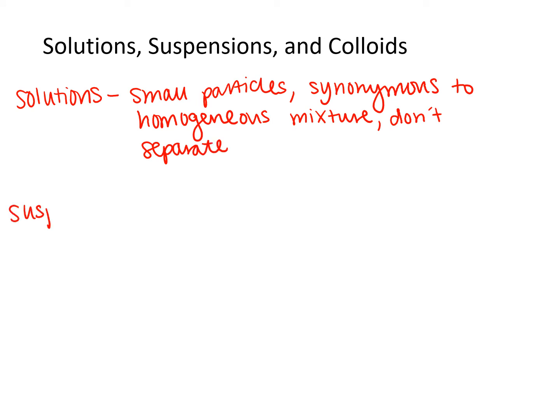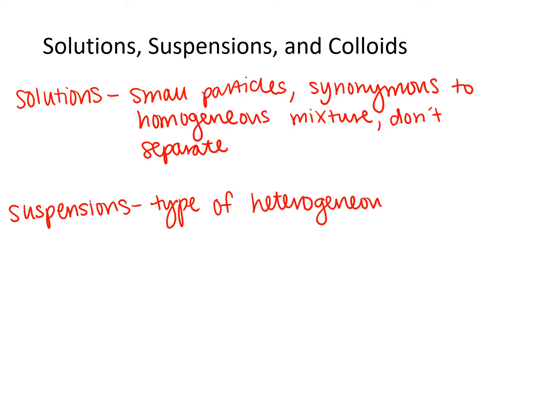On the other hand, when we talk about suspensions, suspensions are going to be a type of heterogeneous mixture. They're going to have very large particles. And remember, in chemistry, very large is kind of relative.